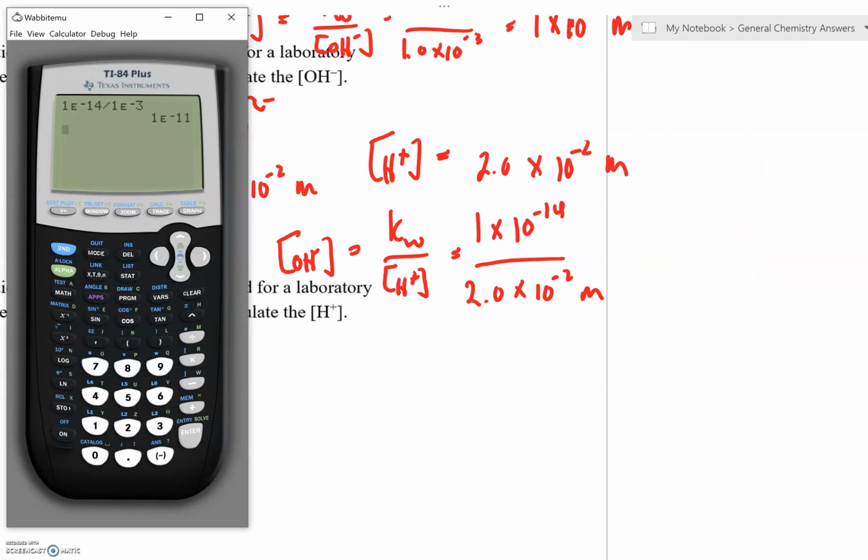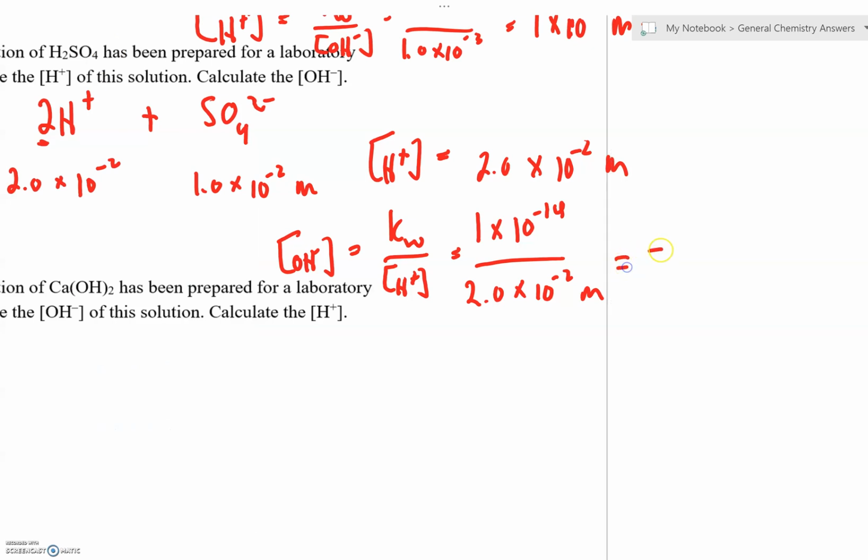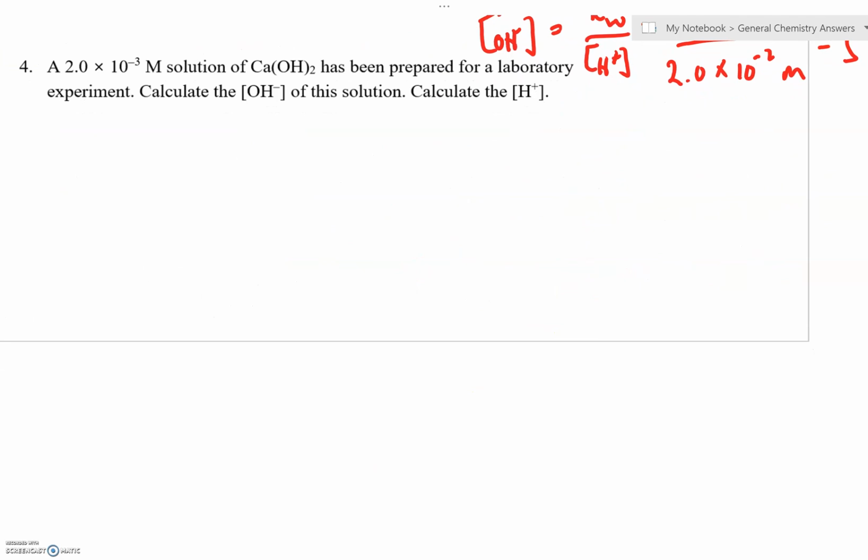Let's pound it into our calculator. 1 times 10 to the minus 14th divided by 2 times 10 to the minus 2. 5 times 10 to the minus 13. That's our OH minus. Okay, one more. You're getting the hang of this, right? This takes you 5 minutes once you got this all figured out.